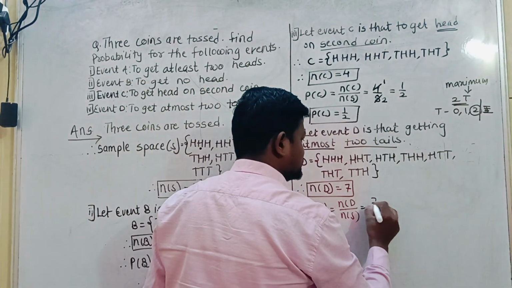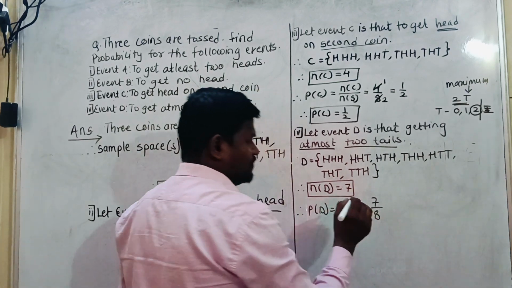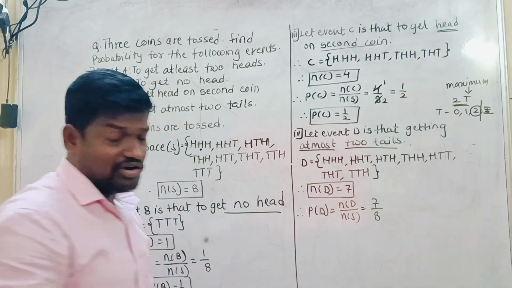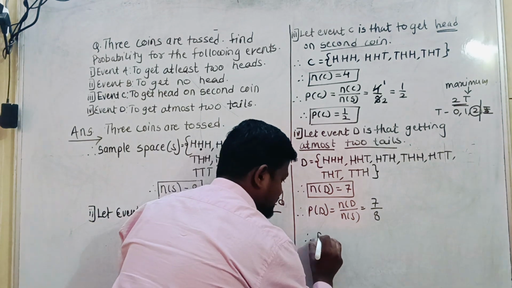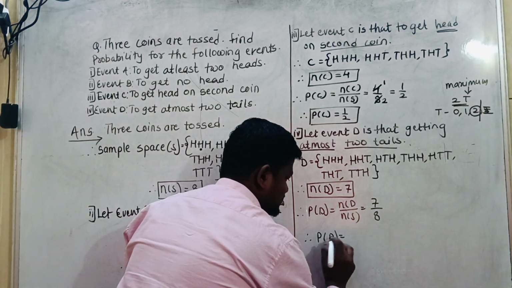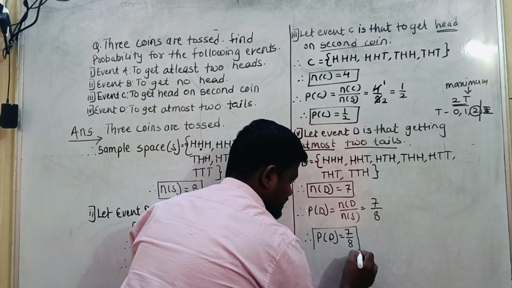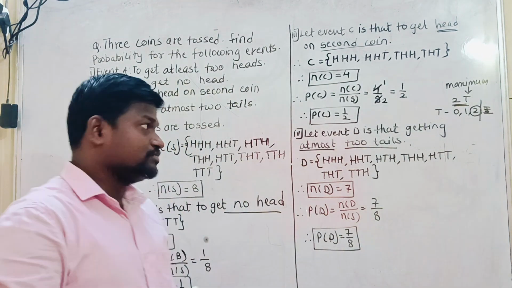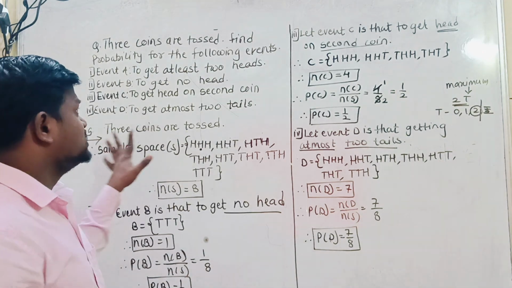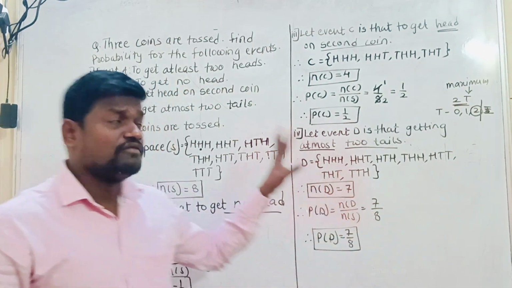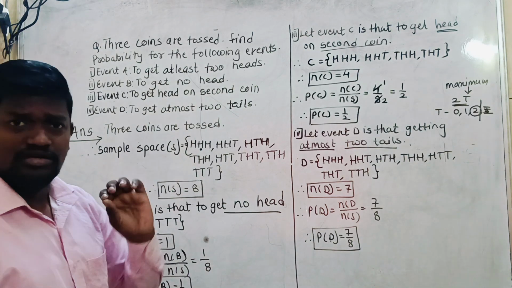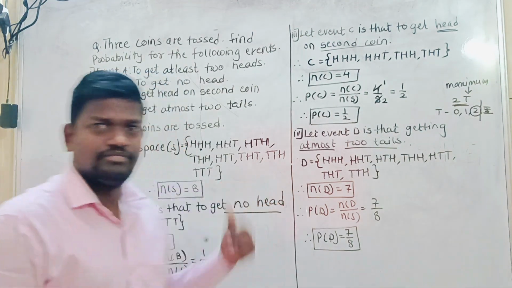Number of D is 7 and number of S is 8. Both numbers are not divisible, so we write our final answer, that is 7 upon 8. So these are the 4 events and their probabilities when 3 coins are tossed.